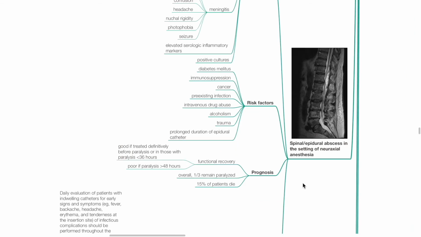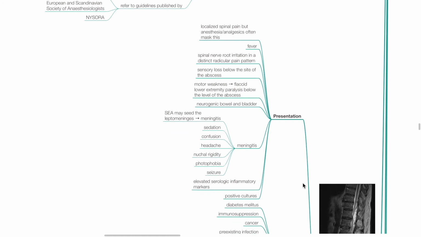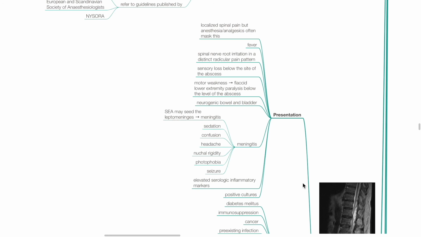Spinal or epidural abscess in the setting of neuraxial anesthesia. Presentation. The patient may present with localized spinal pain, but analgesia or anesthesia often masks this. Fever, spinal nerve root irritation in a distinct radicular pain pattern, sensory loss below the site of the abscess, motor weakness progressing to flaccid lower extremity paralysis below the level of the abscess, neurogenic bowel or bladder, meningitis, elevated serologic inflammatory markers, and positive cultures.